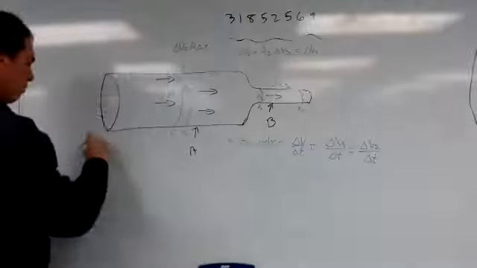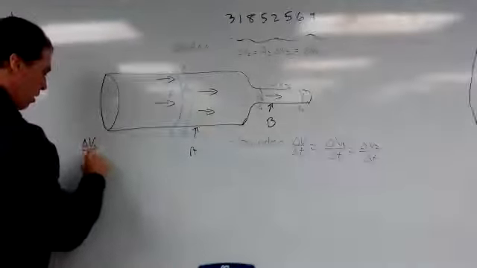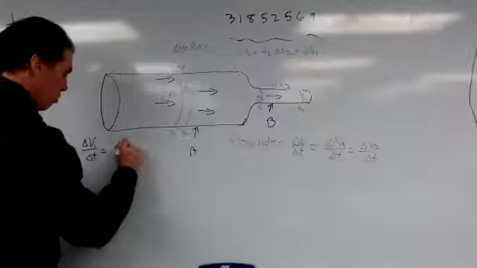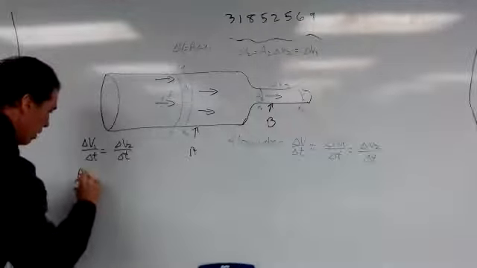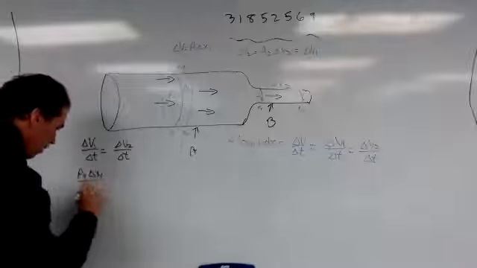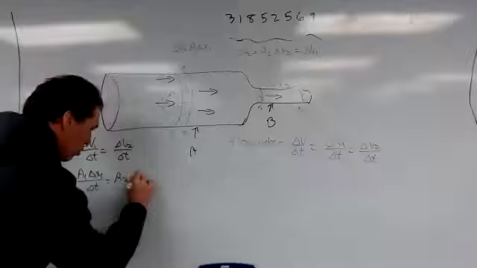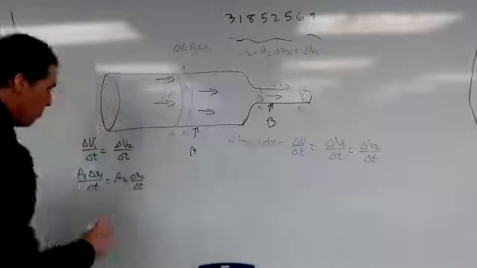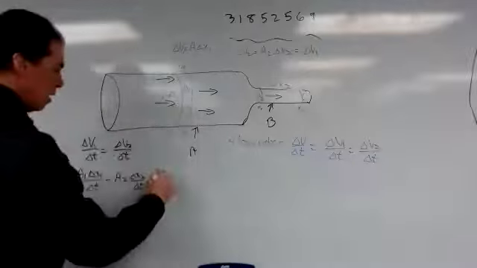And so that means delta V1 over delta T, as we said, is equal to delta V2 over delta T. And that means that area 1 times delta x1 over delta T is area 2 times delta x2 over delta T. But delta x1 over delta T is just the speed of the fluid in here.